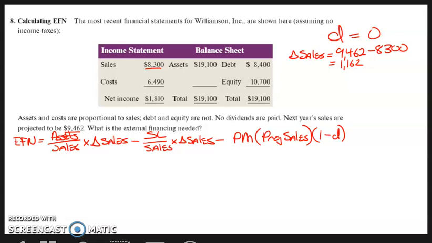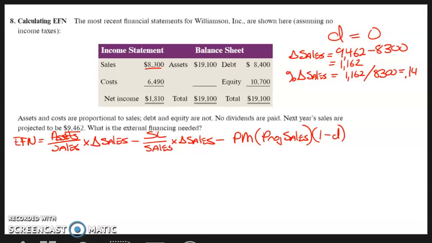We also have to calculate the percentage change in sales. So we take the 1,162 and divide it by 8,300, and that is 0.14 or 14%.